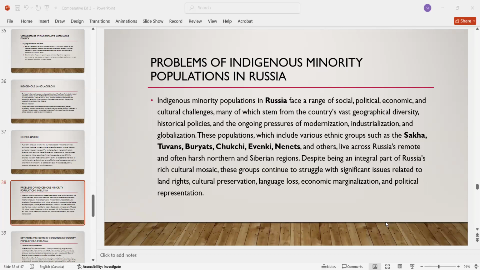So this is also one reason indigenous people will move because of this modernization, industrialization. They come to work in the urban areas. So they switch to the urban area's language and everything. So they lost their own language.